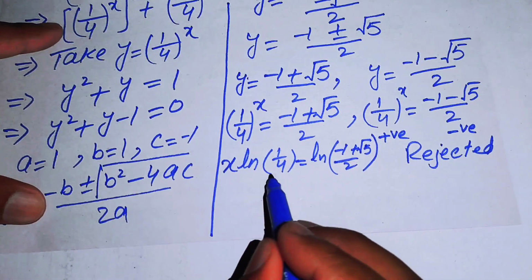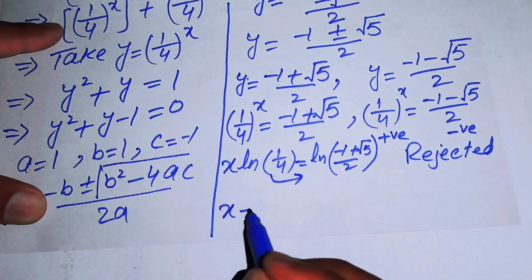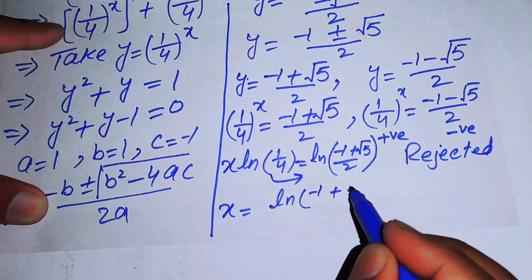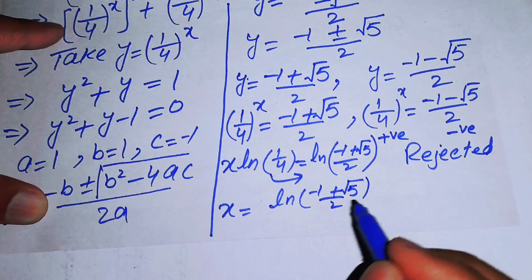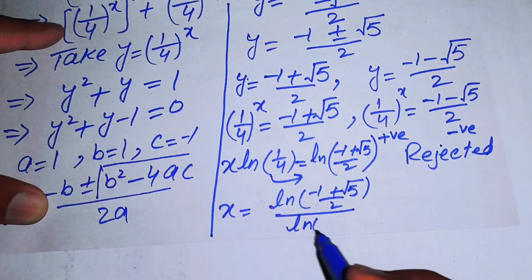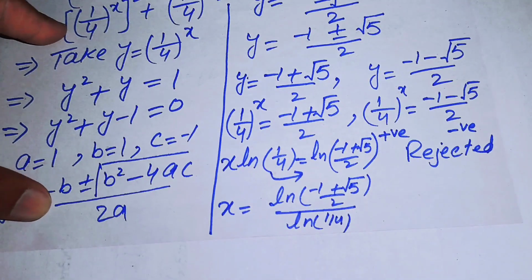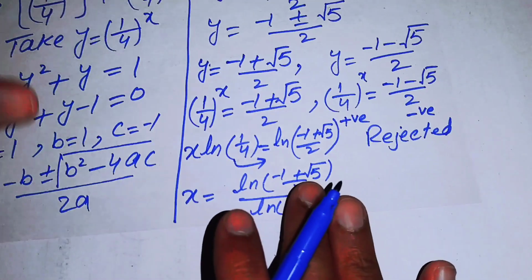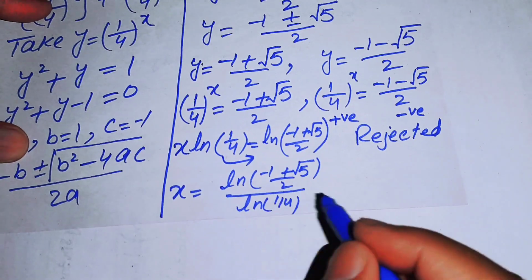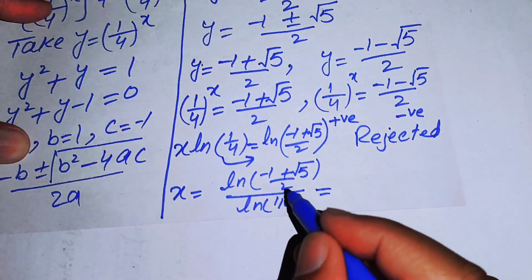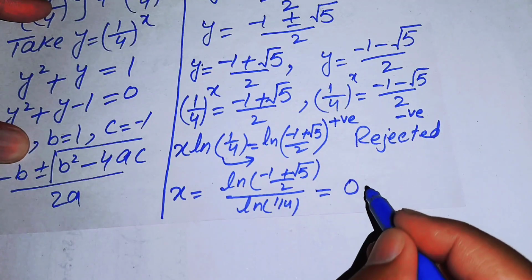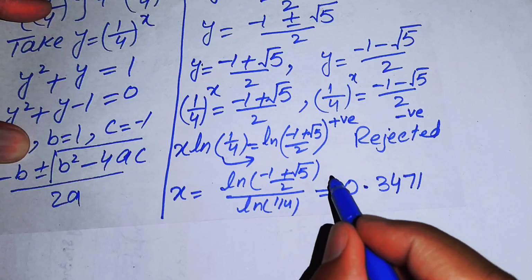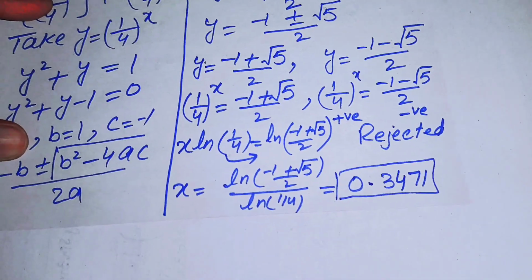Then we move this term to the right hand side, and x is equal to log of (minus 1 plus square root 5 over 2) over log of 1 over 4. After using the calculator to find the values of these two logs and dividing, we finally get the answer 0.3471. So this is our final answer to the question.